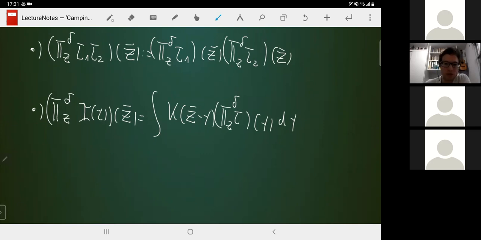So what we need to do is subtract here the Taylor polynomial of k, to guarantee that we will have a model.